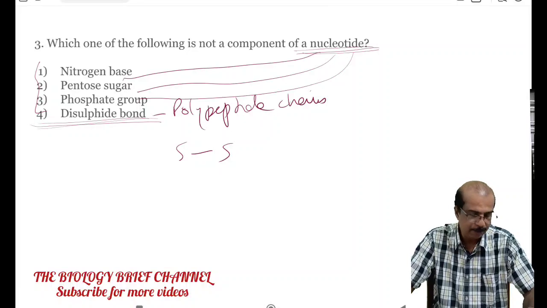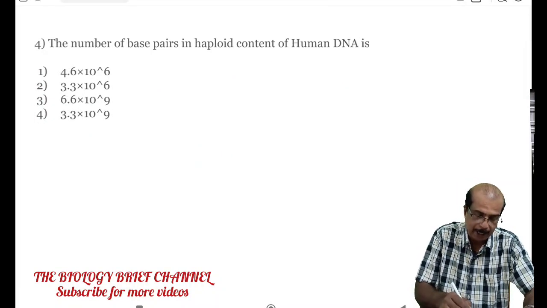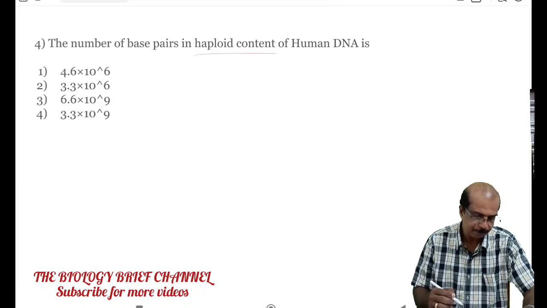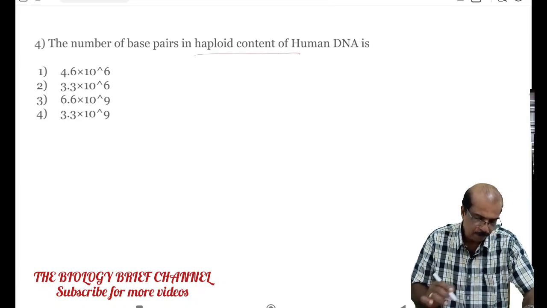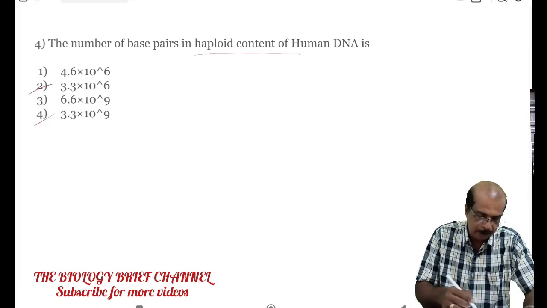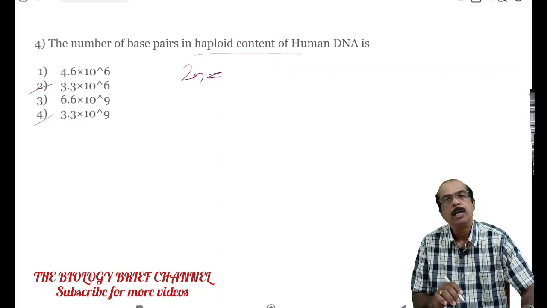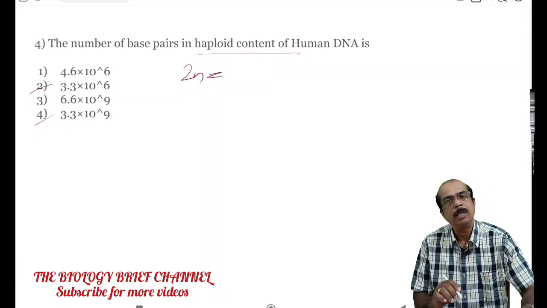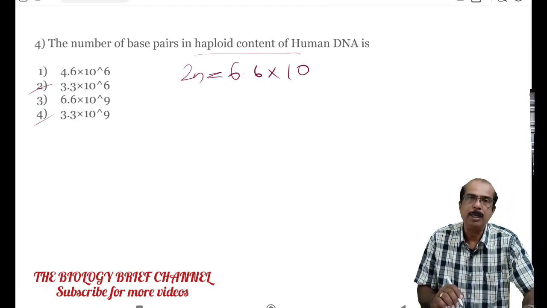Moving to next question, the number of base pairs in haploid content of human DNA. You may be confused with options 2 and 4. You all know that in diploid number, the DNA content in human being is 6.6 into 10 raised to 9 base pairs.